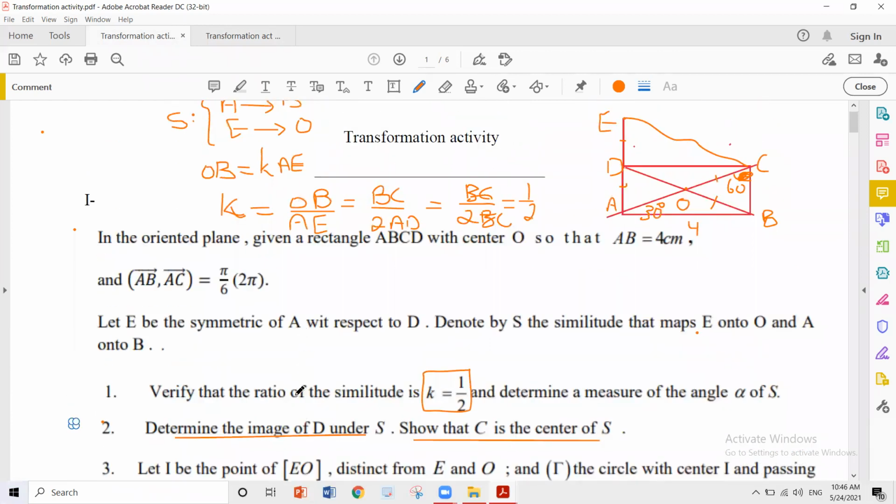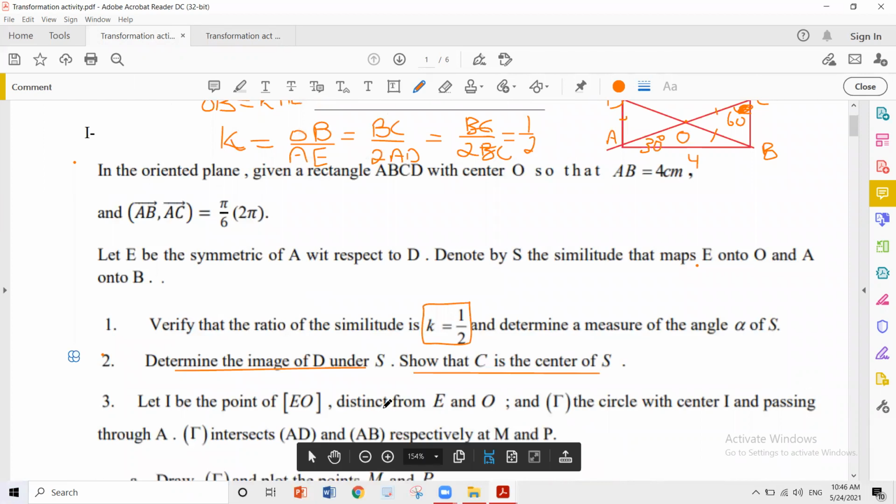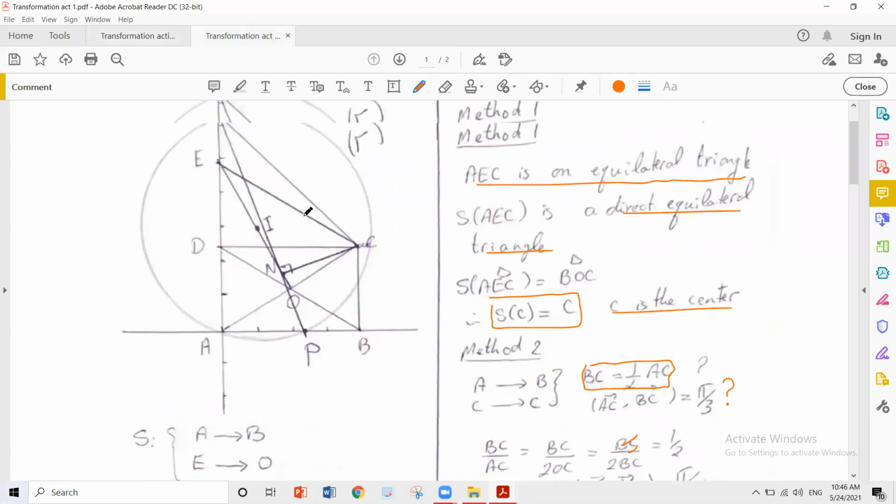Let I be a point on the segment EO distinct from E and O. I is a point on the segment OE. I put I, any point on EO.